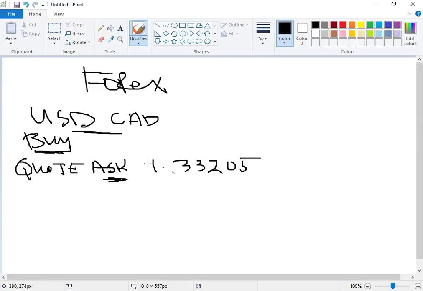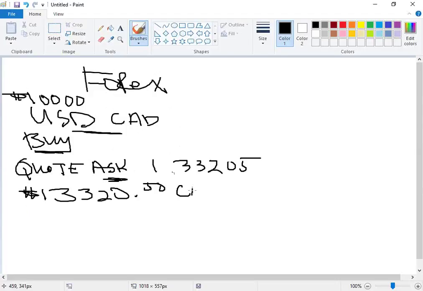This is what we're asking. So if you wanted to buy, for example, $10,000 of US dollars using your Canadian, the bank is basically saying you need to give us $13,320.50 in order to buy your 10,000 US. That's basically what they're asking for on that quote.